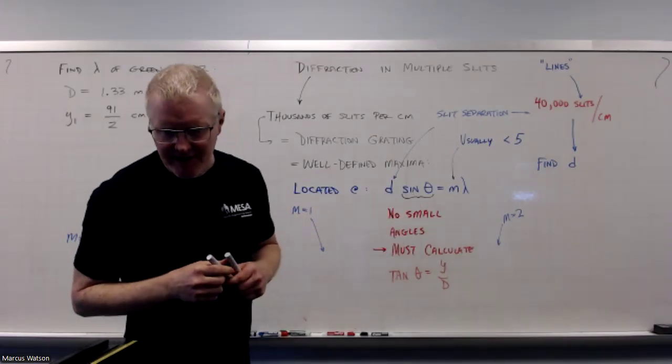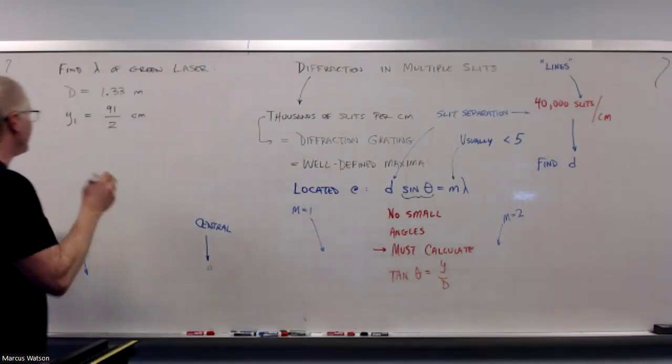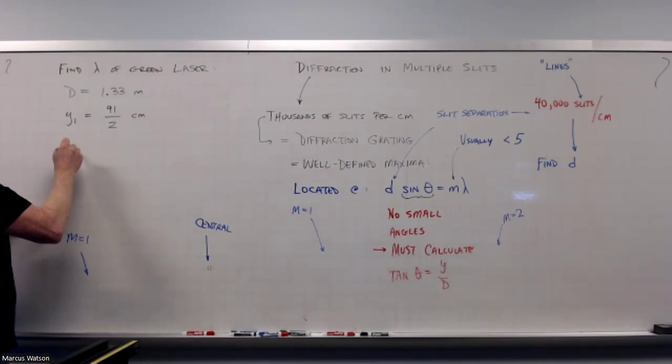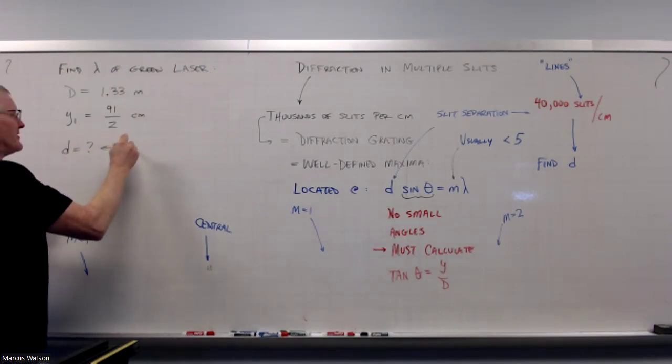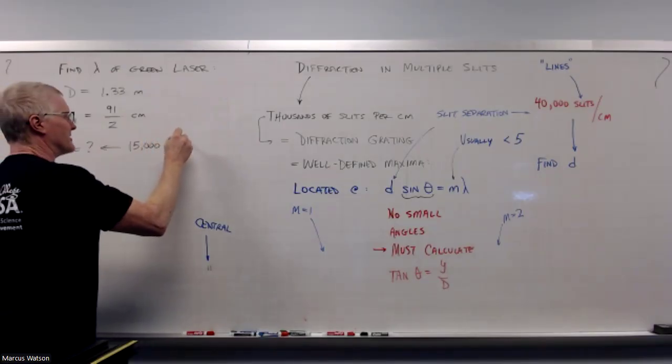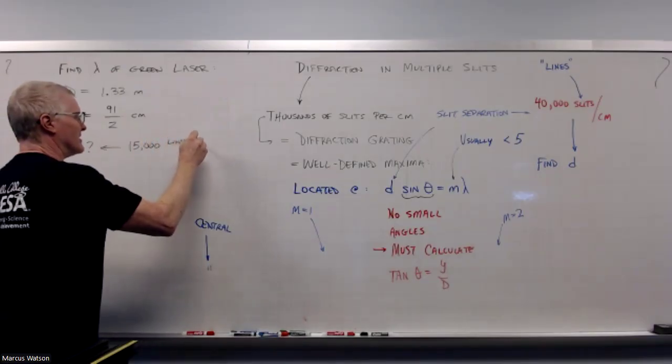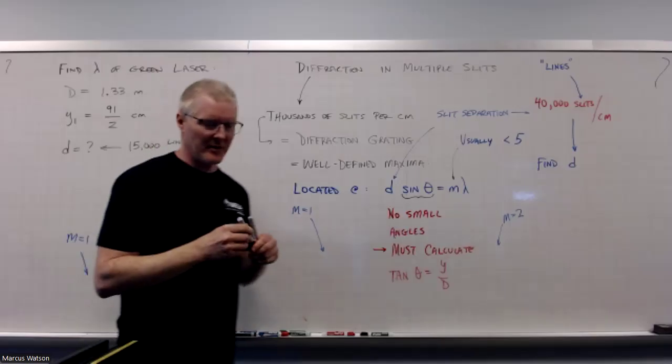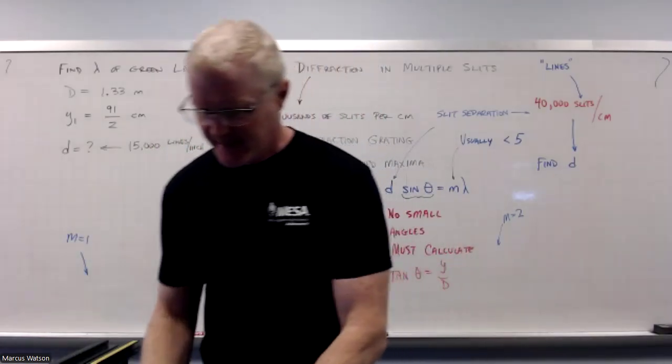It's 15,000 lines per inch. Criminies. I can't question mark. I'm going to have to find that from 15,000 lines per inch. Why didn't I bring out one of the ones that had centimeters on it?